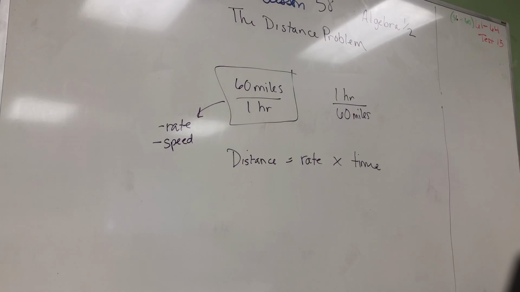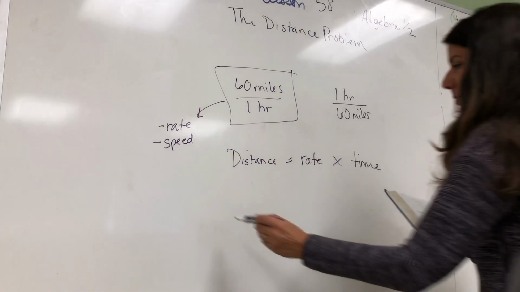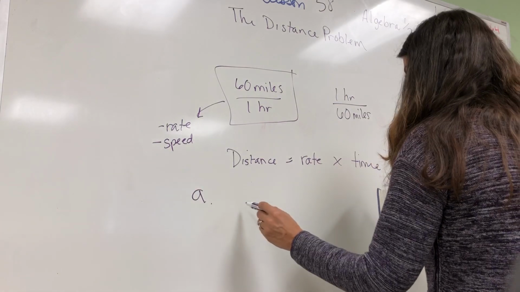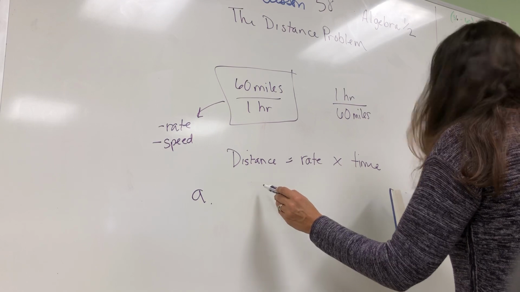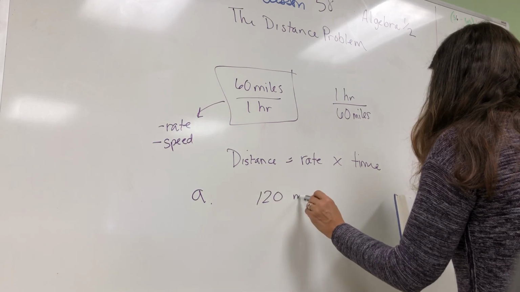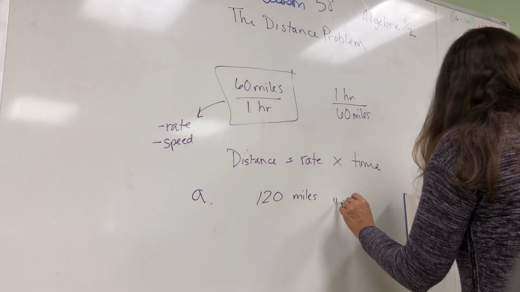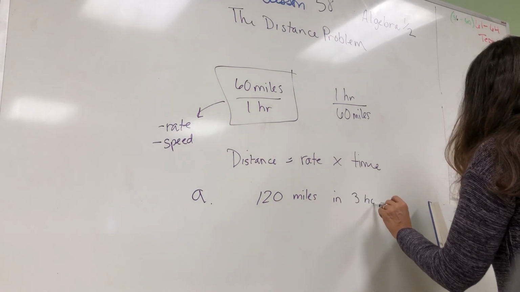So let's look at some of these problems here. We only have one with 2 parts. Mildred traveled the first 120 miles in 3 hours. This is practice problem A on page 187.